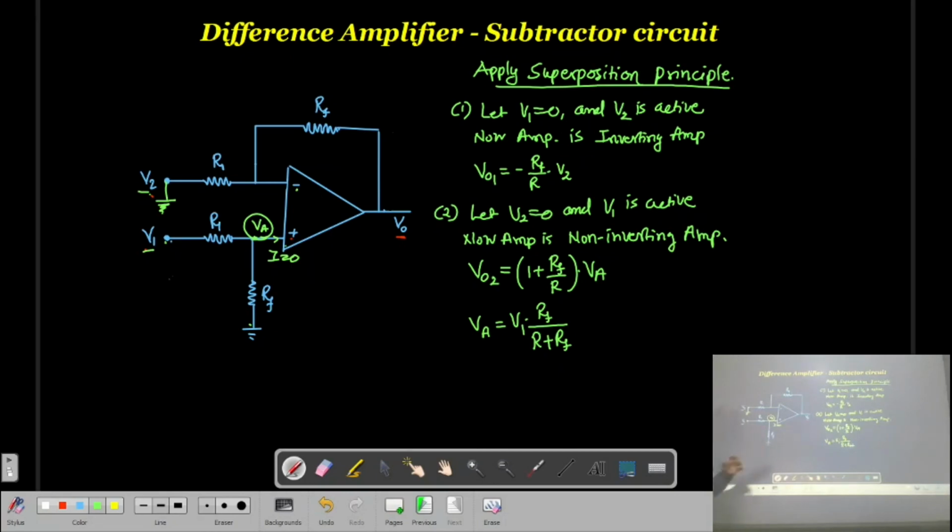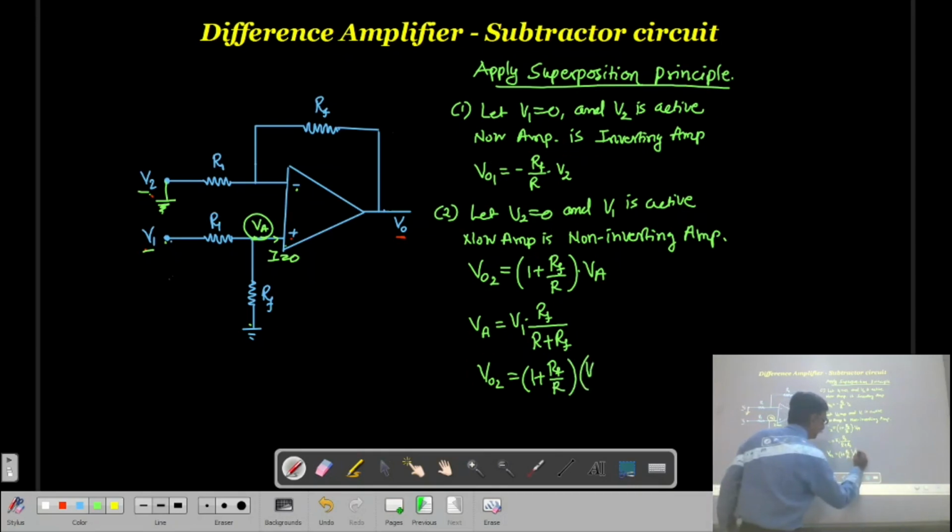Correct? Simple potential divider rule. So my output voltage is given as 1 plus Rf by R into V1 into Rf by R plus Rf.